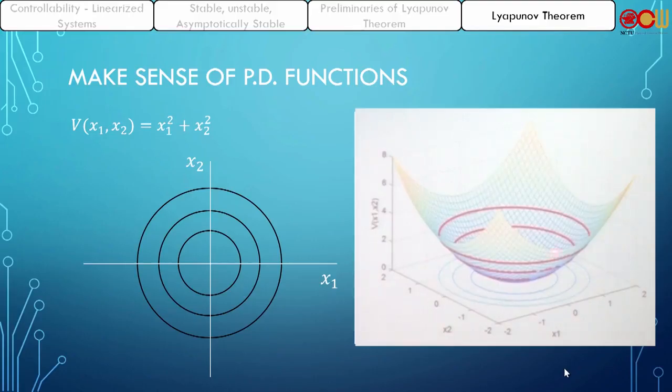So these three here are circles because of this function. It's symmetric, so it's three circles with different radii. It's like taking a slice at different heights of this function, and you get these three different contours, right? So what does this mean?